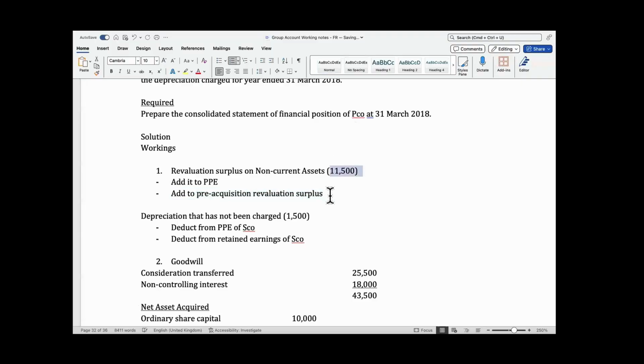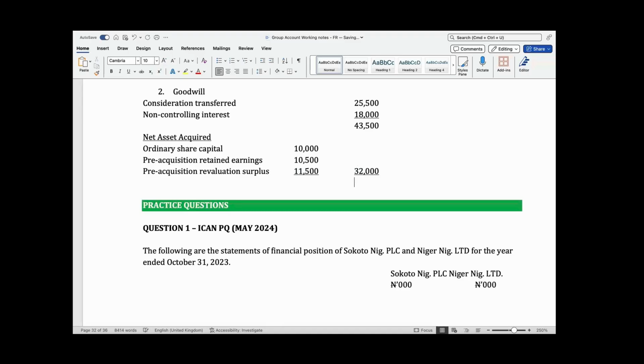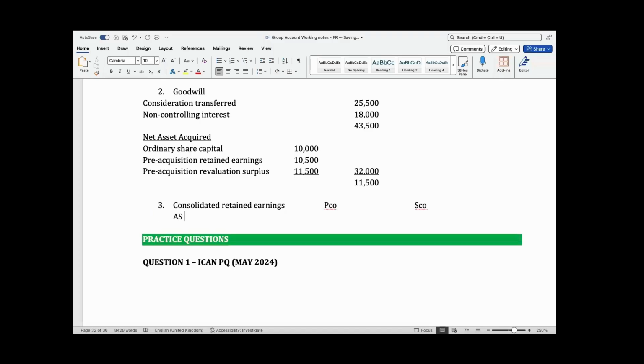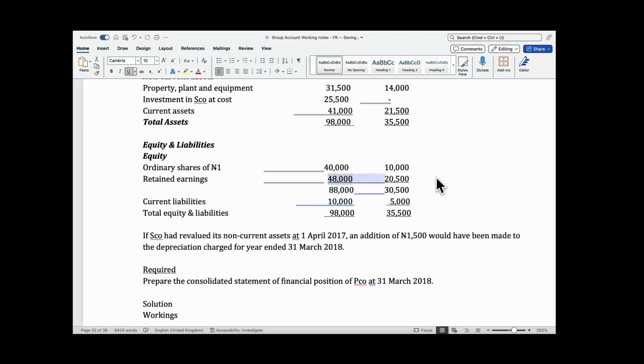We add this 11.5 here. So what's the addition of these three? Is this correct? As per the question, it is 48 and 25.